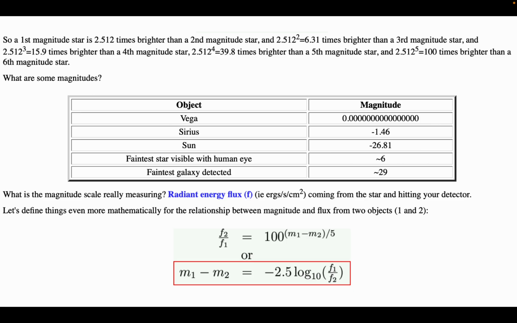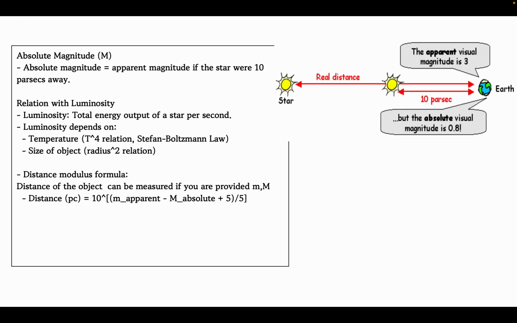So flux f2 by f1 is equal to 100 to the power (m1 minus m2) by 5. If there are two objects 1 and 2, they have flux f1 and f2, and their apparent magnitudes are measured as m1 and m2. So this formula gives you the relationship between flux and magnitude. We will come to this once again in the next class.